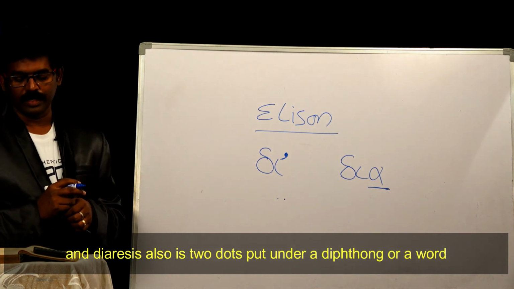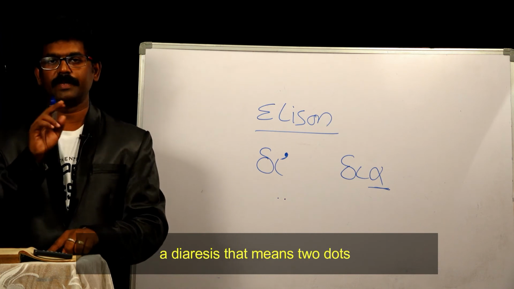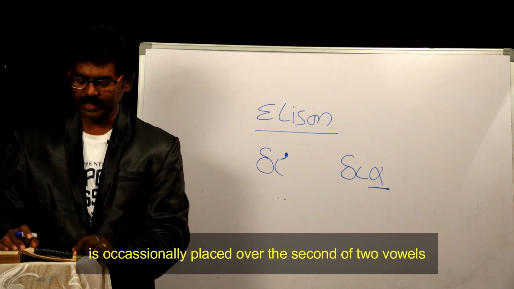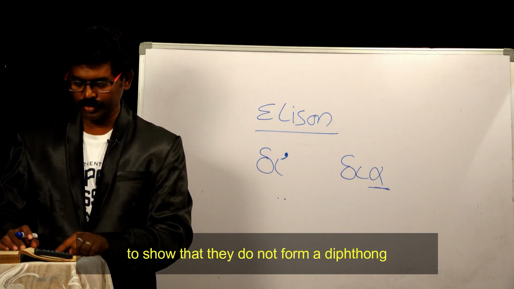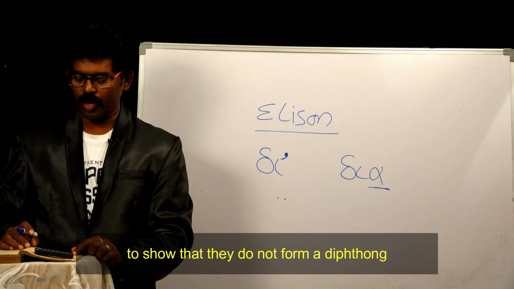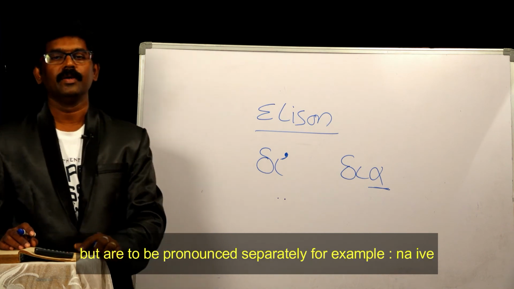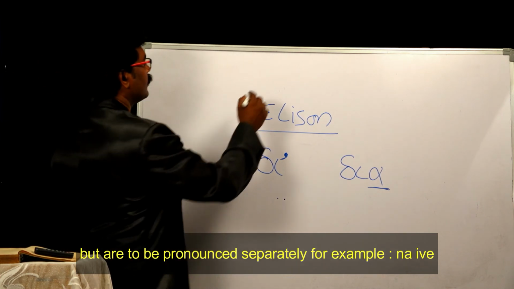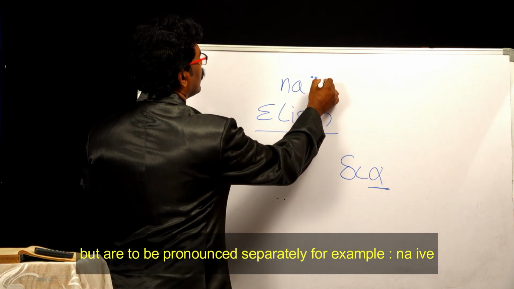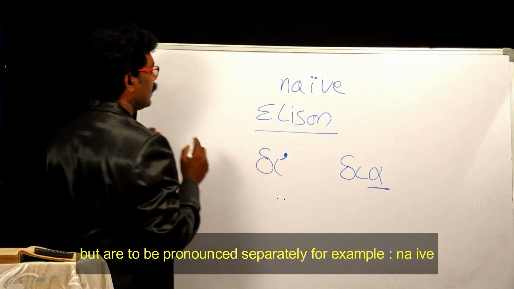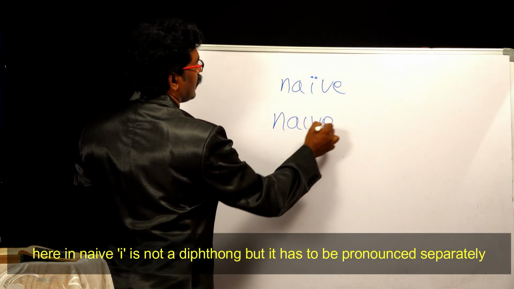Diaeresis is two dots put over a diphthong or a word. In both English and Greek, a diaeresis, that means two dots, is occasionally placed over the second of two vowels to show that they do not form a diphthong but are to be pronounced separately. For example, naive, N-A-I-V-E.